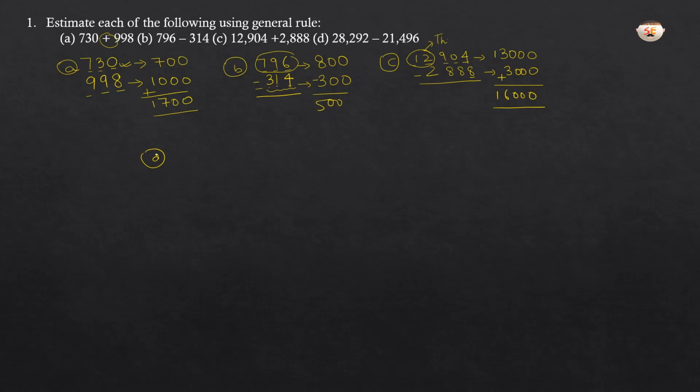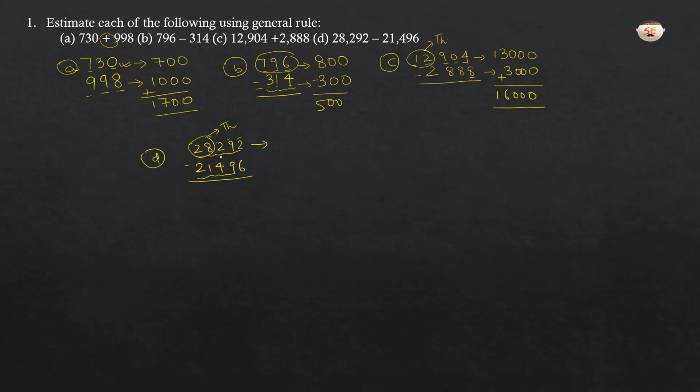Now question number D. Here we have to subtract 21,496 from 28,292. According to the general rule, first of all we will estimate both numbers according to their highest place. Here the highest place is 1s, 10s, 100s, 1000s, 10,000s, but 1000 and 10,000 come under the period of 1000.